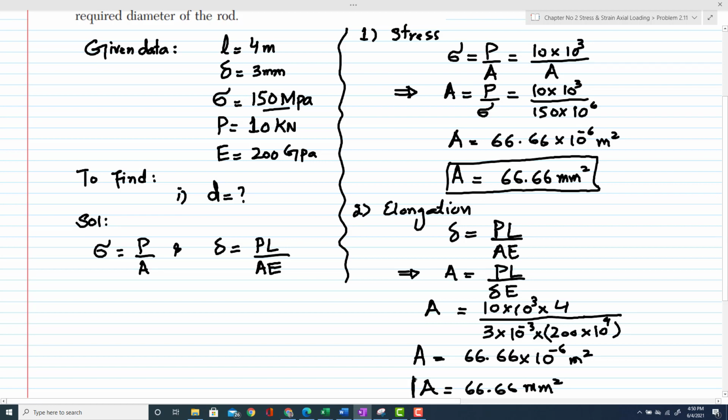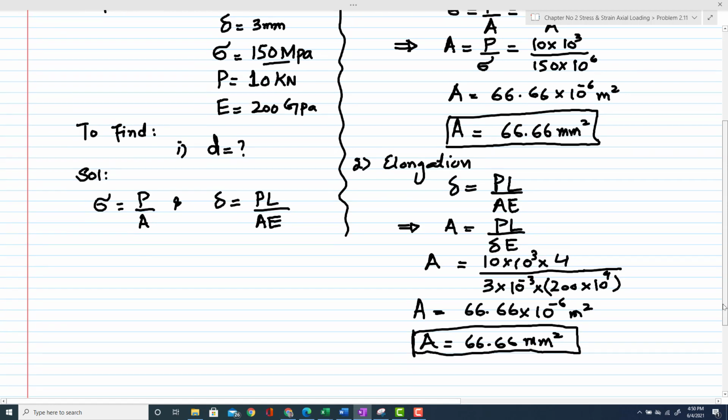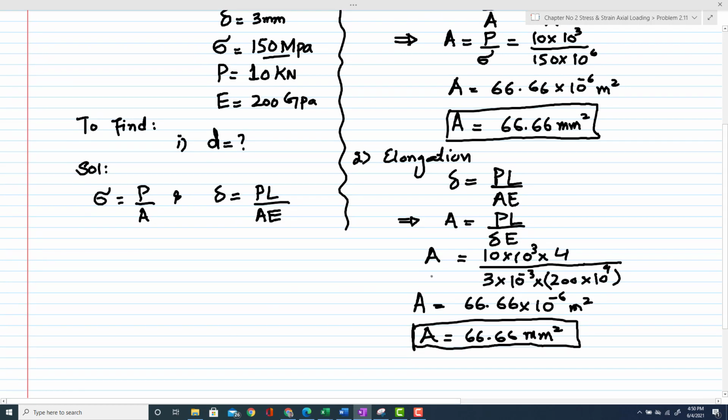So in both cases we get the same value. Clear? So from 1 and 2 we get the same area.